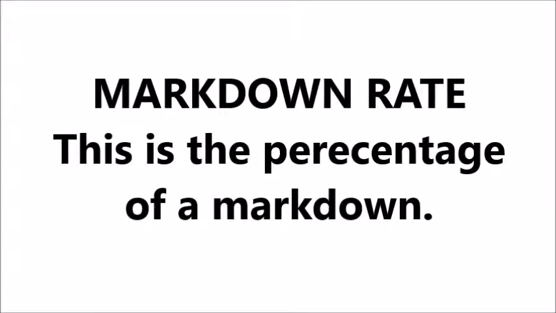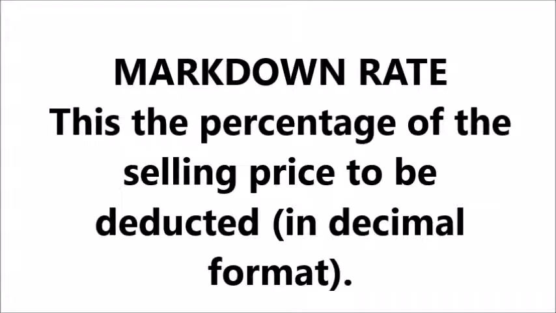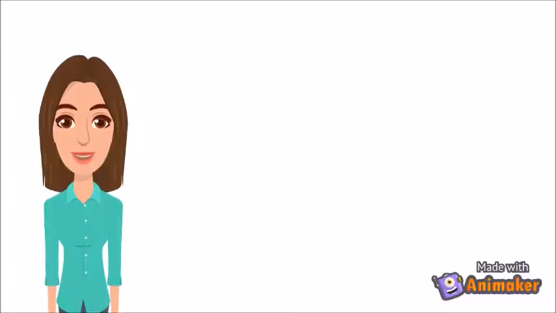Now let's proceed with the markdown rate. The same as with markup, markdown can also be expressed as a percentage, which is called a markdown rate. This is the percentage of the selling price to be deducted. You can derive the markdown rate the same way you derive the markup rate based on selling price, as shown in the previous video.